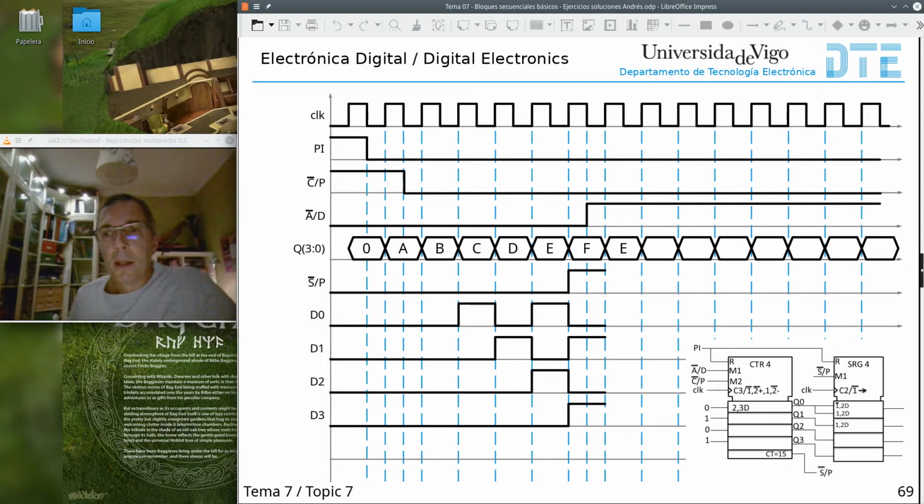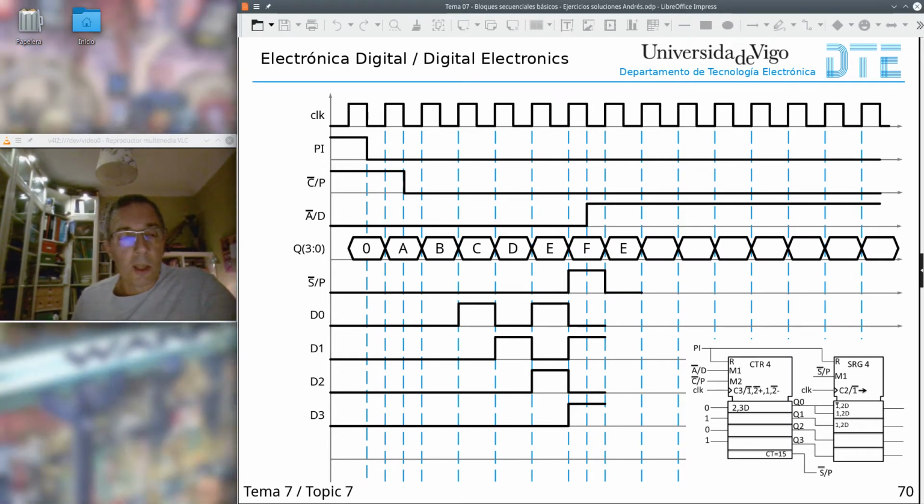So I make it smaller, and now we can draw the signals. The output Q now holds the number E hexadecimal, right? The number 14 in decimal, and the SP signal is 0. What will happen with signal D0? Well, look, now that SP was 1, we are not going to shift.